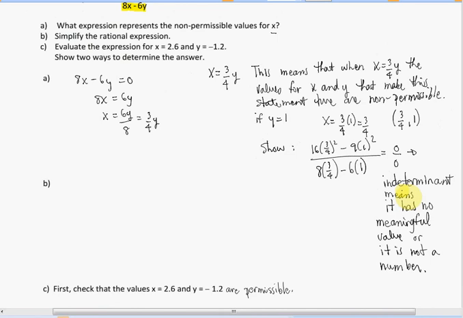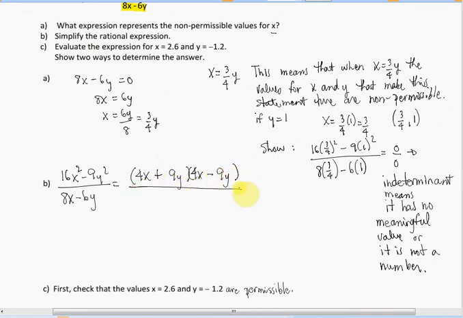You've been asked to simplify the rational expression, so I'll just rewrite it. So you have 16x squared minus 9y squared over 8x minus 6y. Notice that the numerator is a difference of squares, so we're going to factor that into a sum and difference. So we get 4x plus 3y, 4x minus 3y. Oh, these should be 3, sorry. Square root of 9 is 3. And in the denominator, notice that you have a GCF of 2, so you're left with 4x minus 3y.